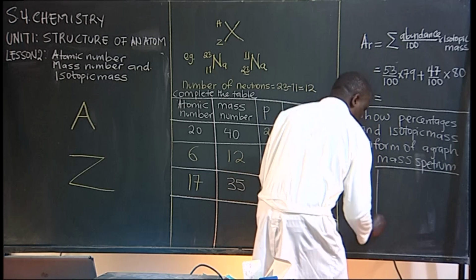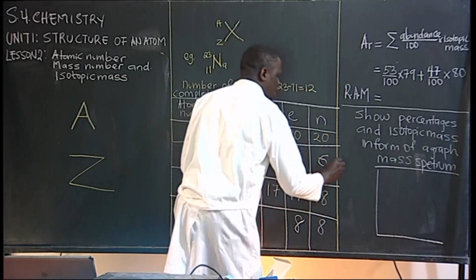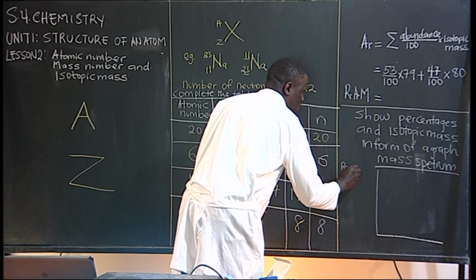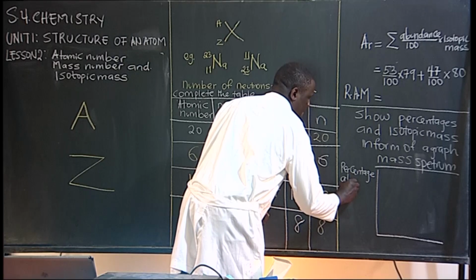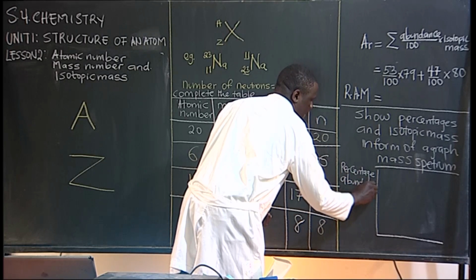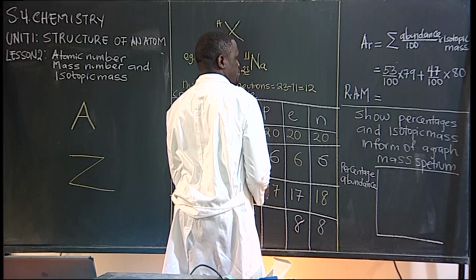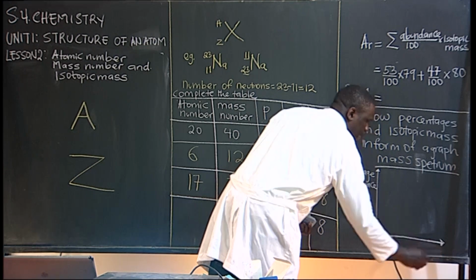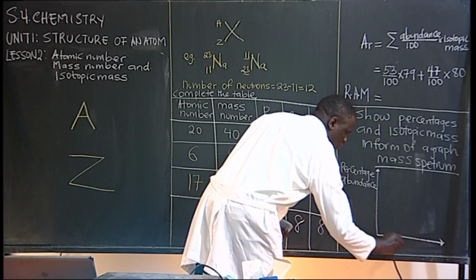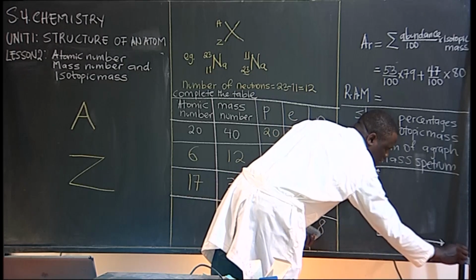So in this mass spectrum, on this side we put the percentage abundance, and here we put our isotopic mass. So you try out and then you finish.